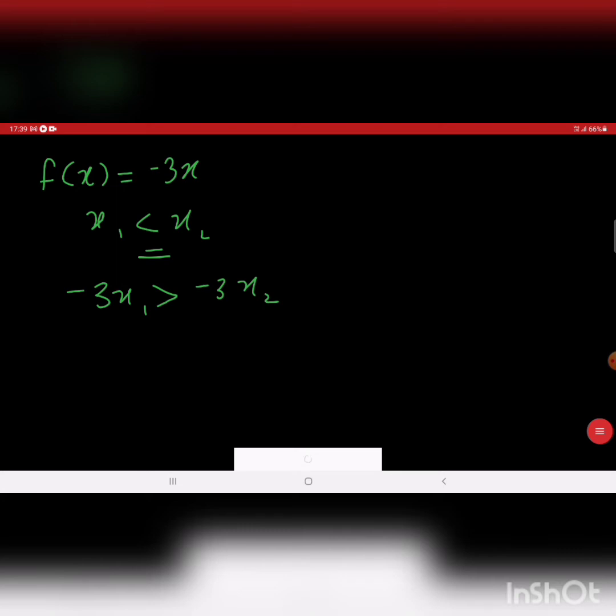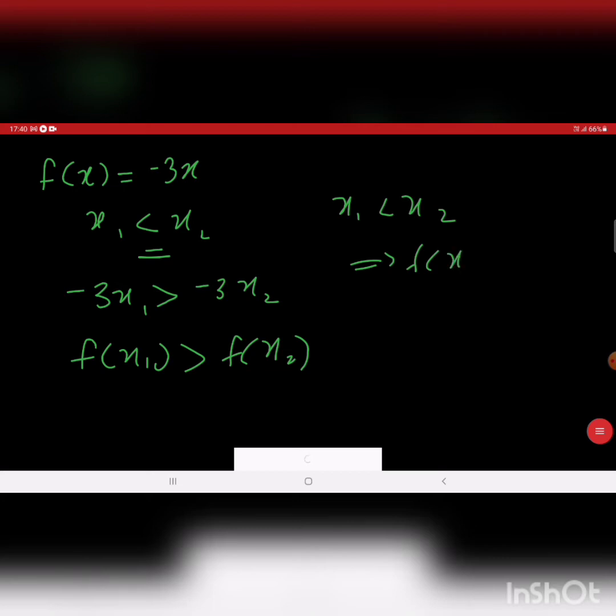Now what is minus 3x1? That is f of x1. So f of x1 is greater than f of x2. See, x1 less than x2 implies f of x1 is greater than f of x2. That means f of x equal to minus 3x is a decreasing function.